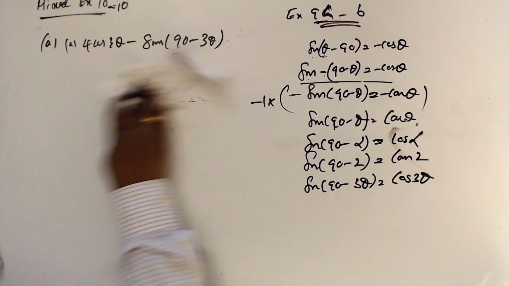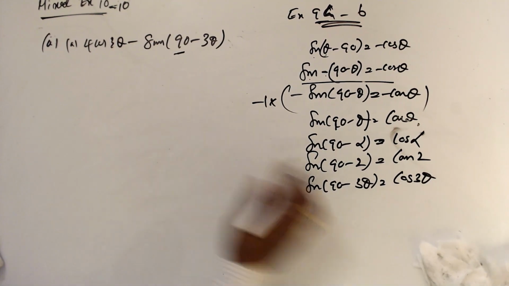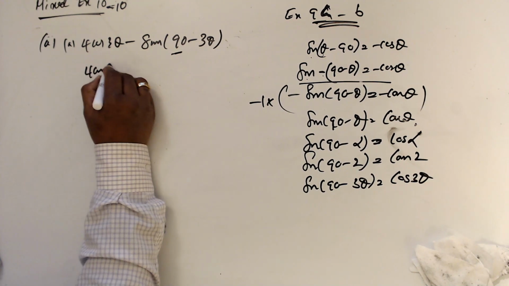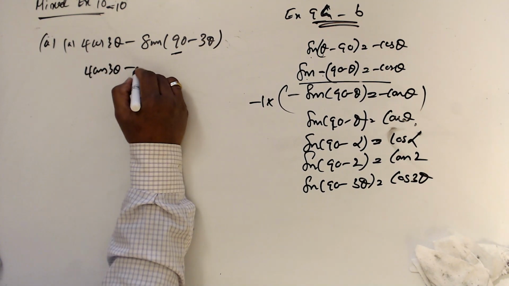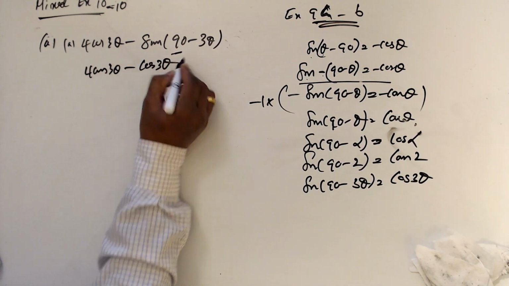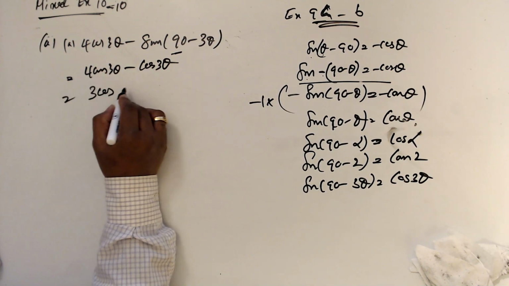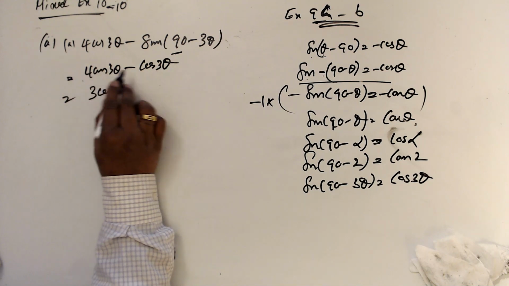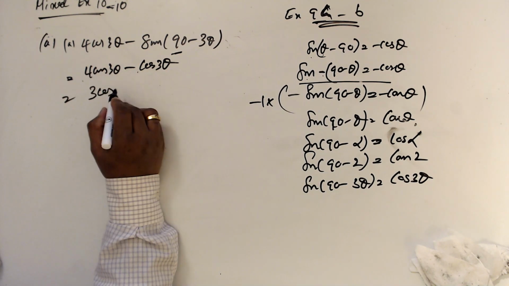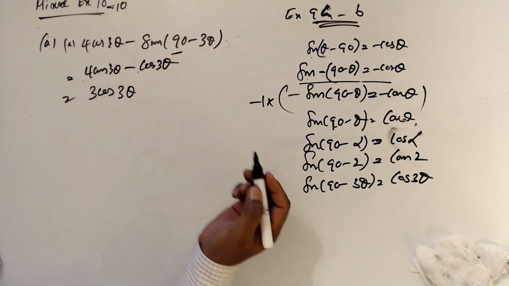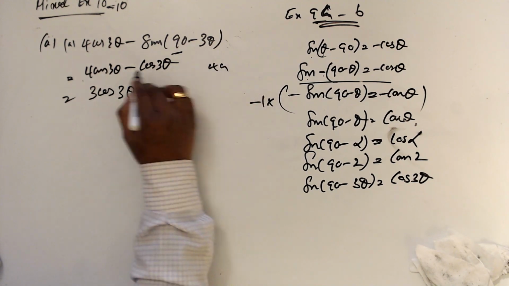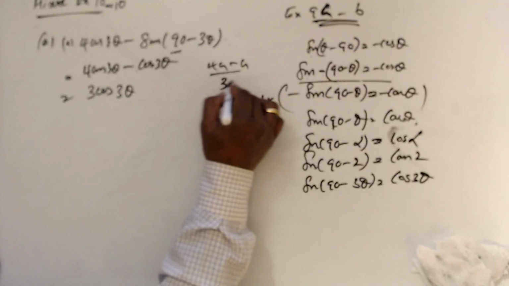Now I can write 4 cos 3 theta minus cos 3 theta. So this is going to be 3 cos 3 theta. This is 4a, this is a, so 4a minus a is 3a.